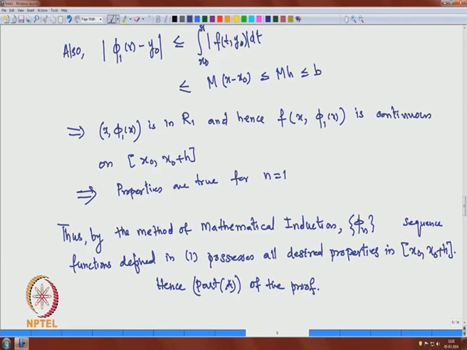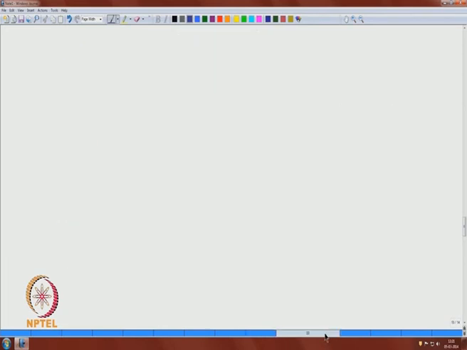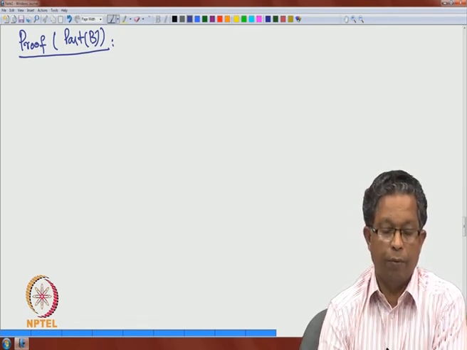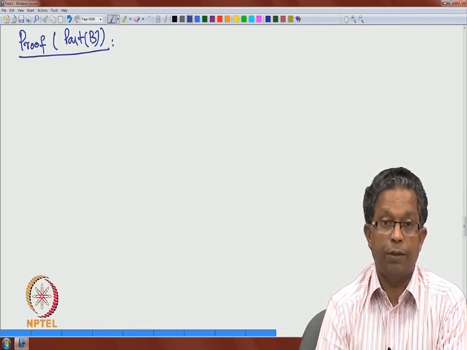Now, we look into the proof of part B. Part B, what we are looking for? We are looking for an estimate for the Picard's iterants.